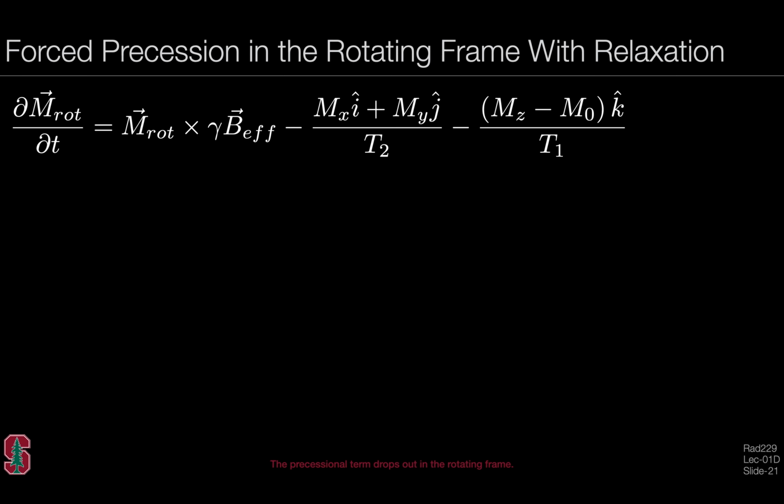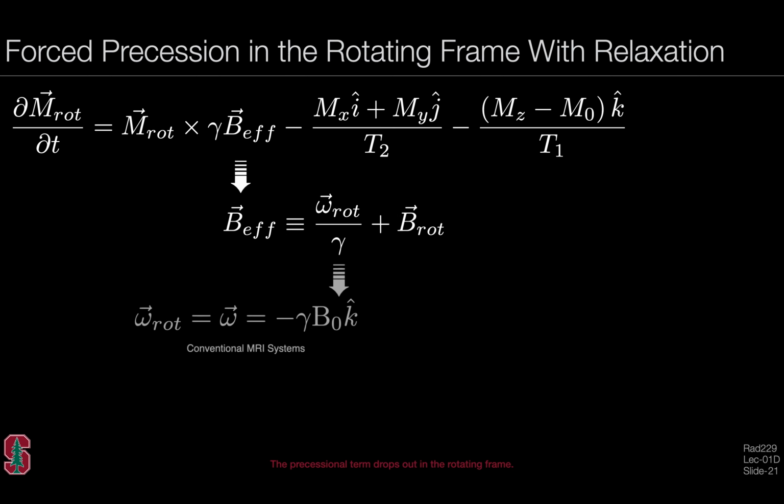So what about forced precession in the rotating frame with relaxation? If we examine forced precession in the rotating frame with relaxation, we again need to look at our Bloch equations in the rotating frame and think about what our B effective is. We expand our B effective for a conventional MR system, defining the so-called fictitious field just to accord with the conventional B0 field.